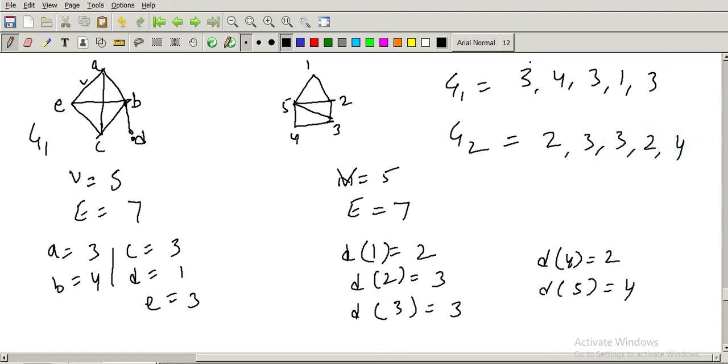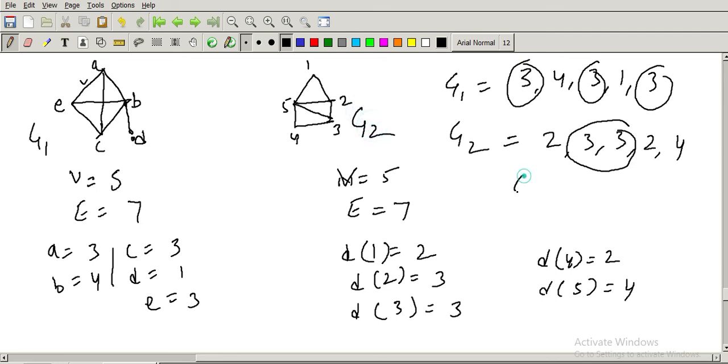So we have 3 vertices whose degrees are 3, but in G2 we have only 2 vertices having degree 3. So that's why these two graphs, G1 and G2, are not isomorphic.